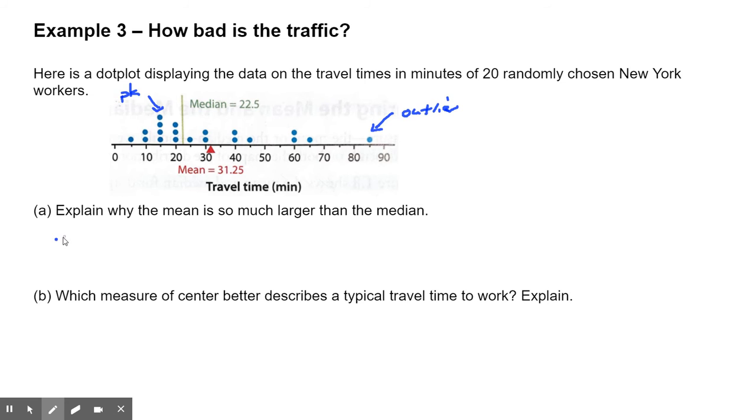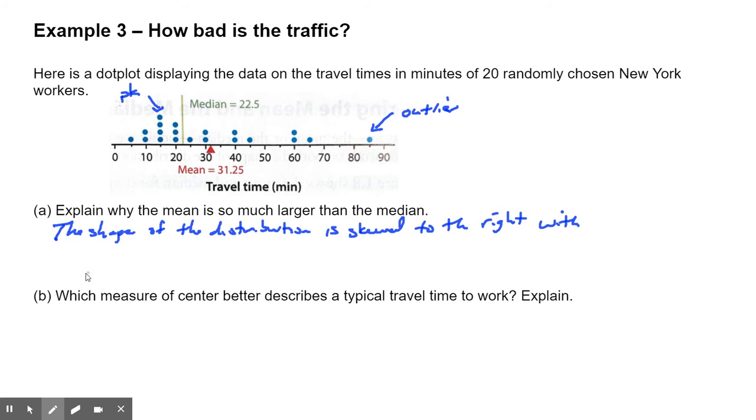I would say, explain why the mean is so much larger than the median. The shape of the distribution is skewed to the right with a possible outlier of 85.